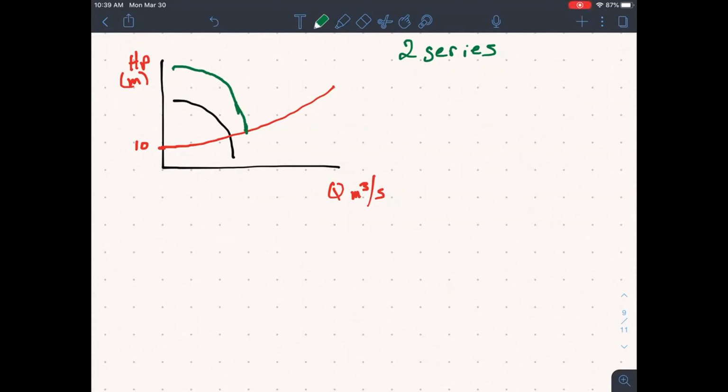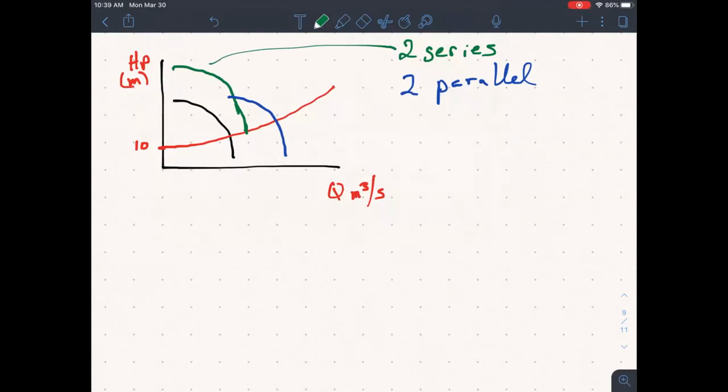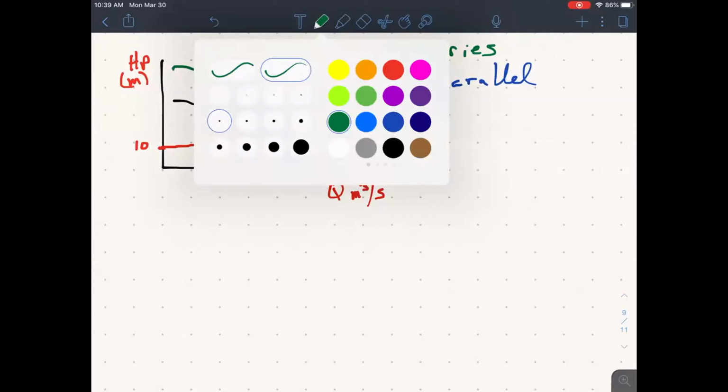And then we'll do our parallel, so two pumps in parallel. And that's going to just extend this out. We multiply the x values by 2. So here's our pump curve for 2 in series, and our pump curve for 2 in parallel.